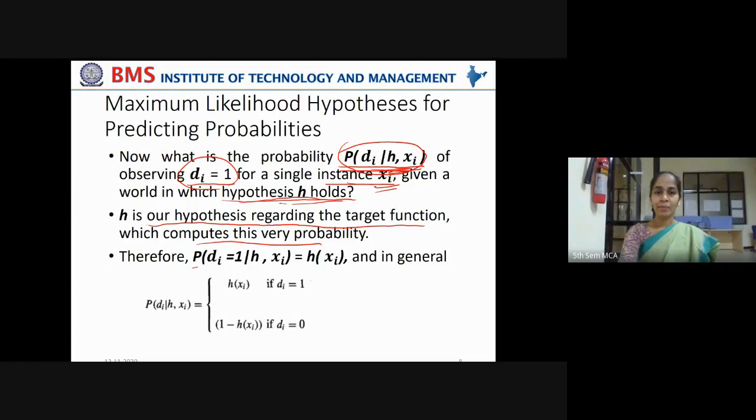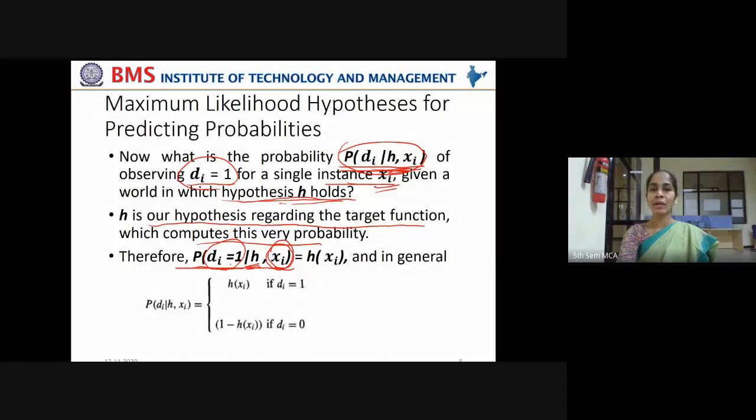Therefore, probability of di equal to 1 given h comma xi, for the training instance, means: given the hypothesis, what is the probability of the outcome becoming 1? Simply you can read it like this. I'm repeating, listen carefully. What is the probability of the training instance xi, given this hypothesis, some statement about the disease?